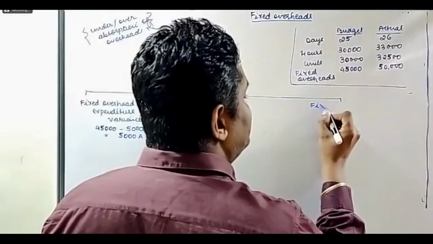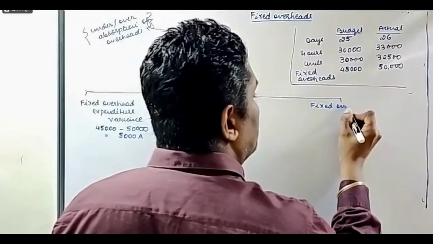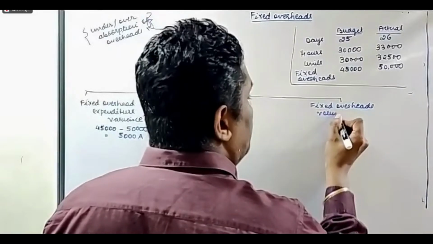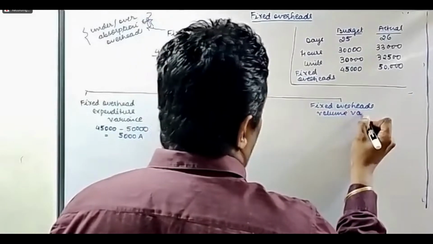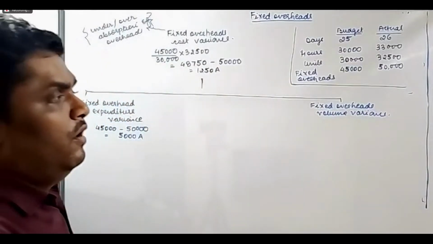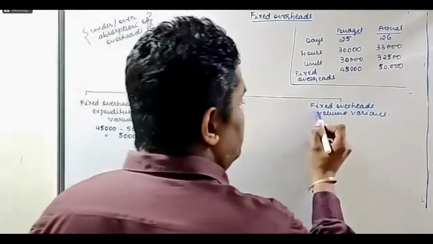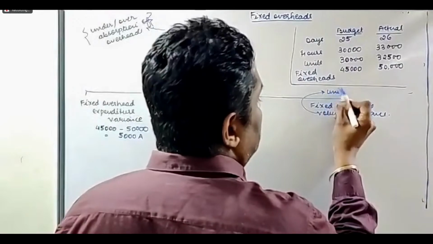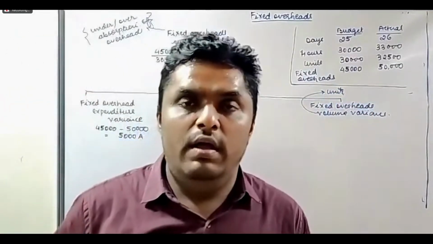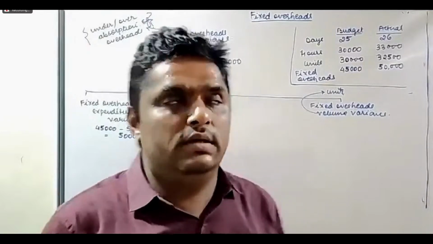Now next is fixed overheads volume variance. When talking about volume, this variance talks about units.